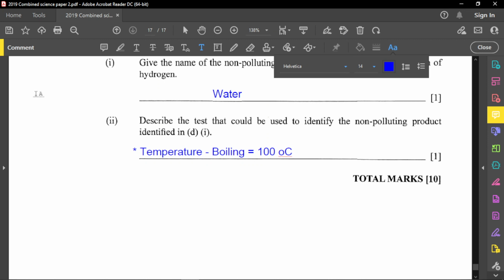Another test you can use is copper sulfate. Use pure copper 2 sulfate, and the reason I'm saying pure is simple: copper sulfate is white. They must put white in brackets because it's going to be a white substance if it's pure.